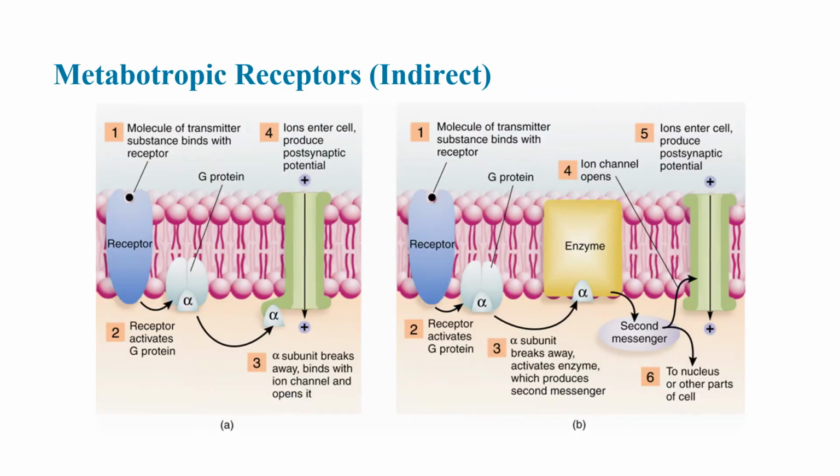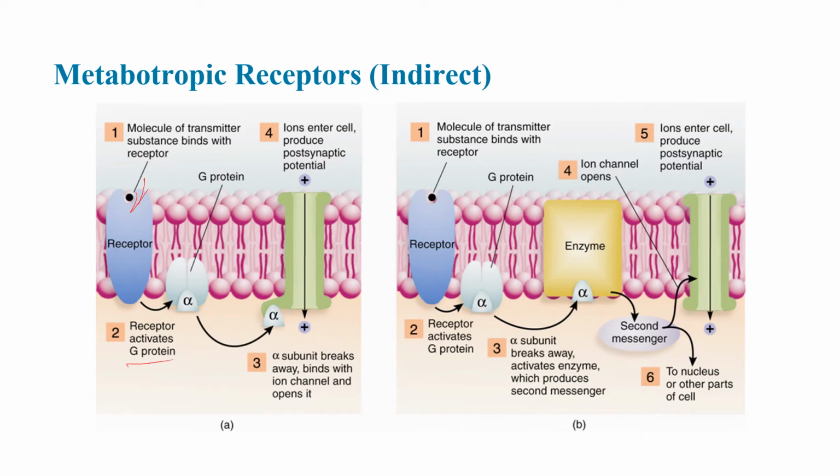The indirect, or metabotropic, receptors are much more complex. There are two different types of these, and the first two steps are the same: the molecule binds with a receptor. This receptor does not directly activate the ion channel.